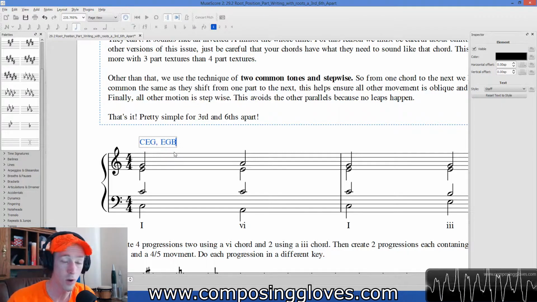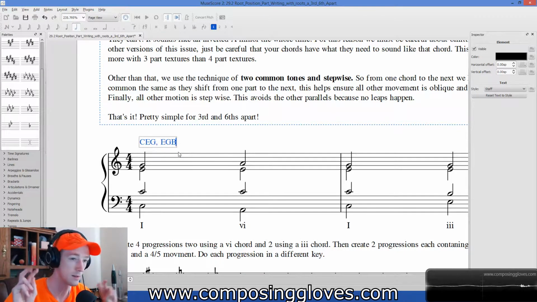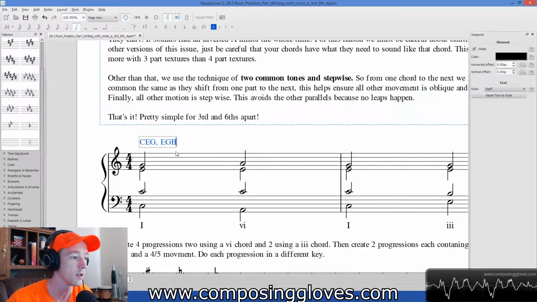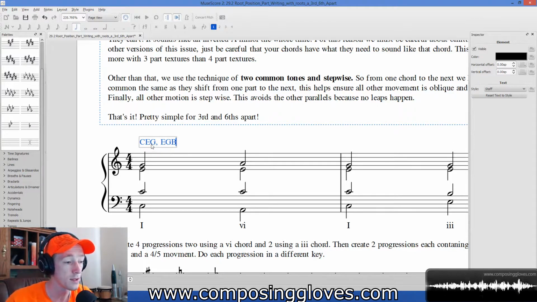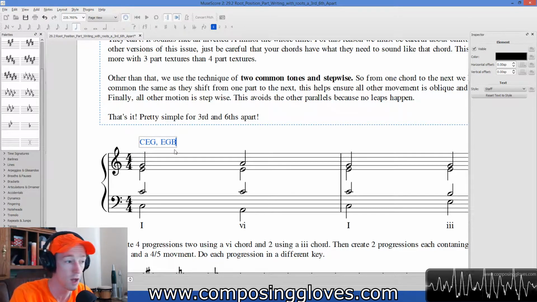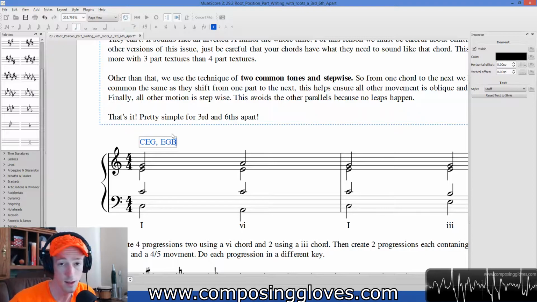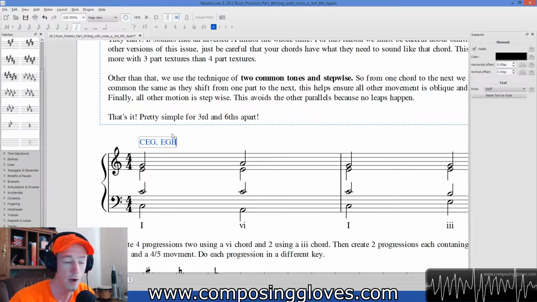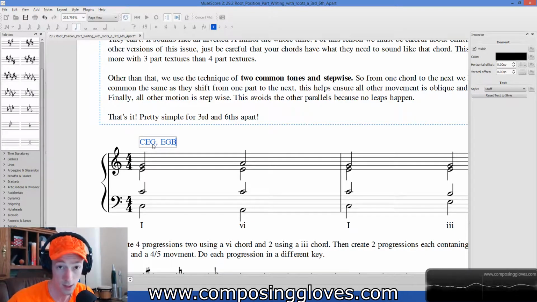The standard approach for root position, the academic first go at this, is whichever voices have E and G share the two common tones. Those we keep the same, and then we just move the other ones. Here it's from C to B, and that's stepwise. That avoids any problems we would have with fifths, because our fifth would be sitting still, which would be the G in this case.